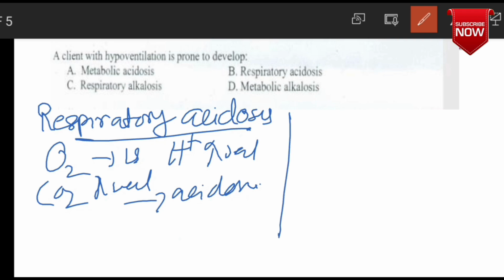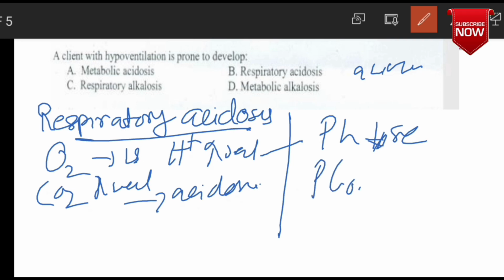So in respiratory acidosis, the hydrogen ion increases, the pH value will decrease. In case of acidosis, pH is decreased. In respiratory acidosis, the pH decreases and PCO2 value, partial pressure of carbon dioxide, increases, the value more than 45 mm of Hg.